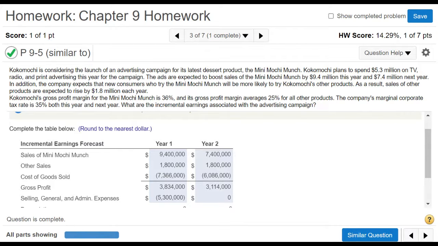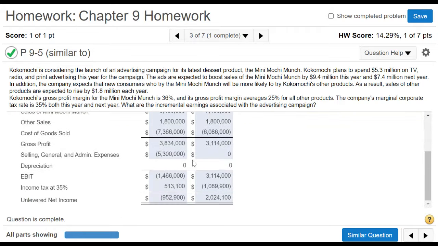So we have to subtract this, 0.64 and 0.75 for both, because that's the cost of the goods sold.